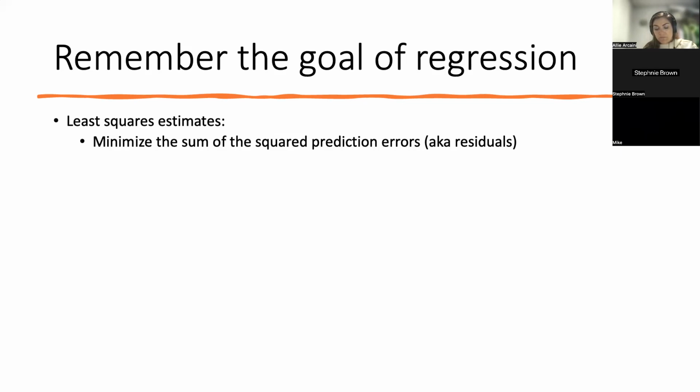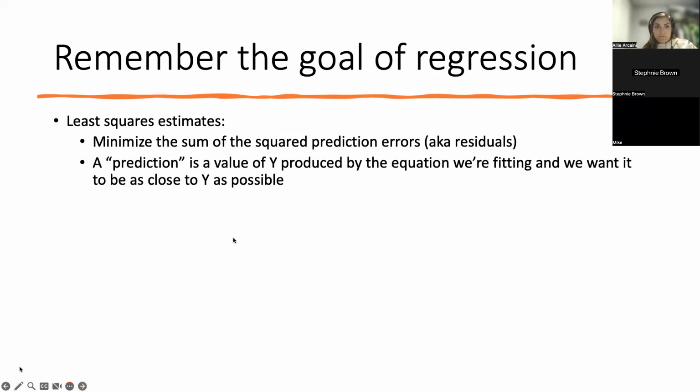So what we try to do is we try to minimize the prediction errors using their squares because they can be negative or positive. Remember also that a prediction is just the value of Y that we produce from the model. And so for every person, we have their real actual outcome Y and then the model prediction. And what we try to do is get those to be as close as humanly possible, given the data that we have.